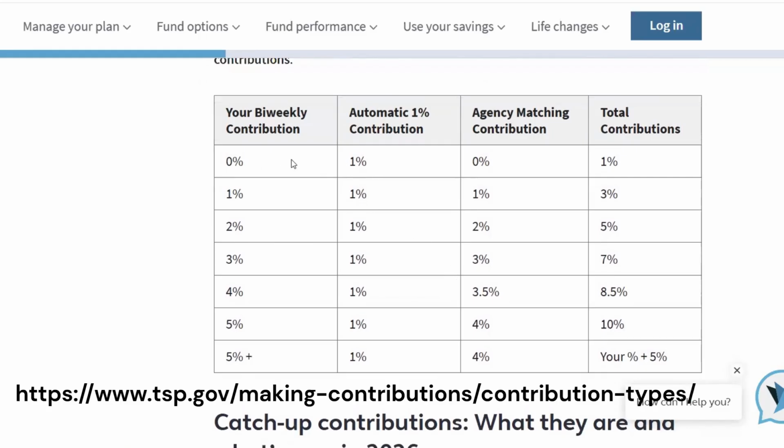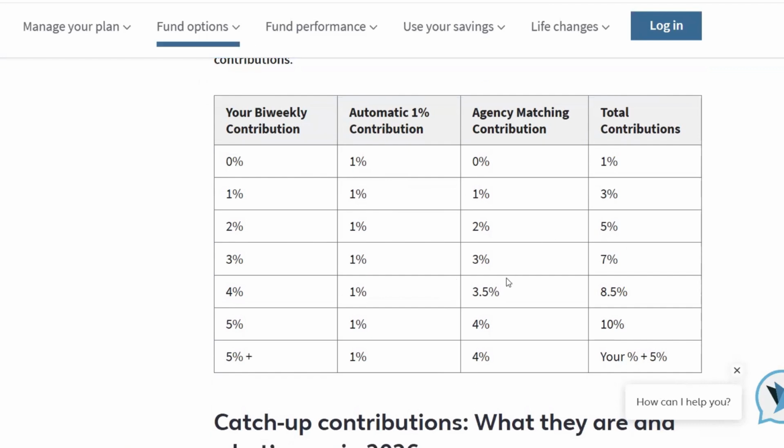And of course, here's the breakdown, right? This is straight off of tsp.gov too. You can see here where that link is. It's about making contributions. What does that look like? So it breaks it down right here, right? The automatic 1% for the agency match is a total of 1% going into the TSP. So if somebody doesn't think that they have a TSP, they probably do, even if they haven't been contributing. And so then biweekly it breaks down 1%, 2%, right?